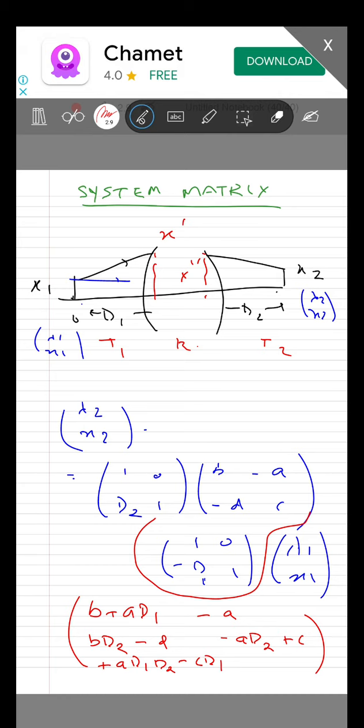Now for paraxial rays originating from 0, if the rays are parallel to the axis, then we can simply write x1 equal to 0, because there will be no height involved, and similarly x2 is equal to 0 for paraxial rays.